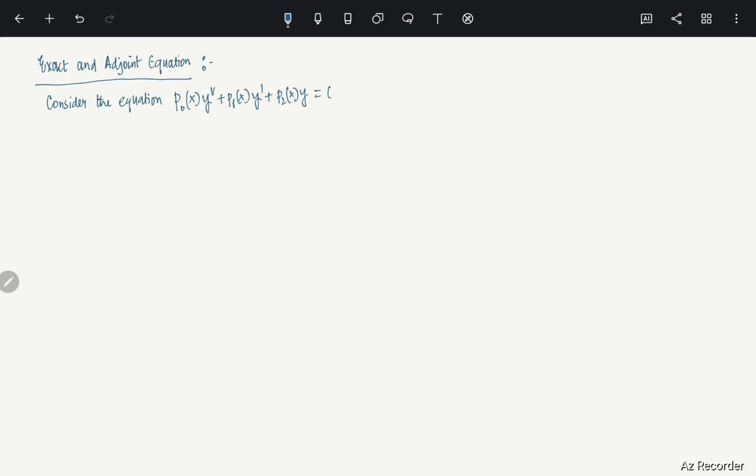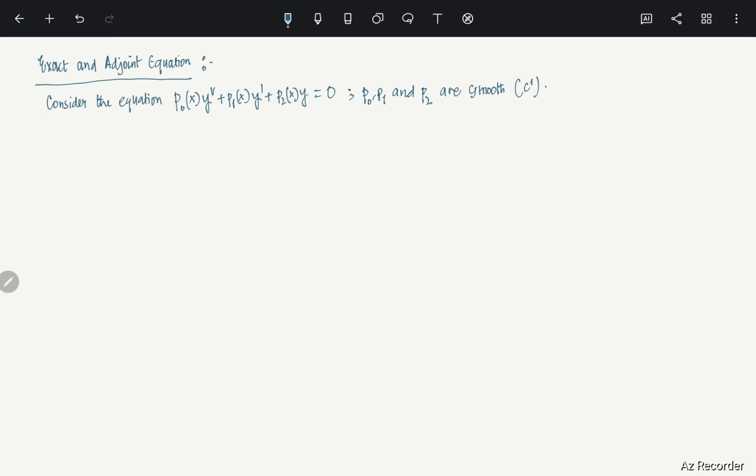Let's say this is equal to 0, given. Again, here we are going to assume that P0, P1 and P2 are smooth. I mean, most of the times continuity is enough, but let's just say smooth. Smooth means it is at least C1, continuously differentiable, and that is fine. Let's just take it like this.